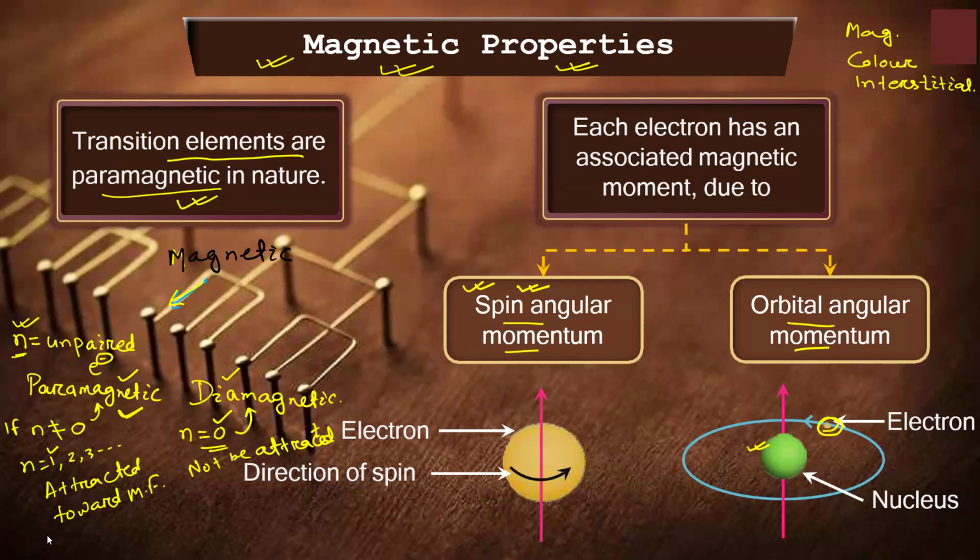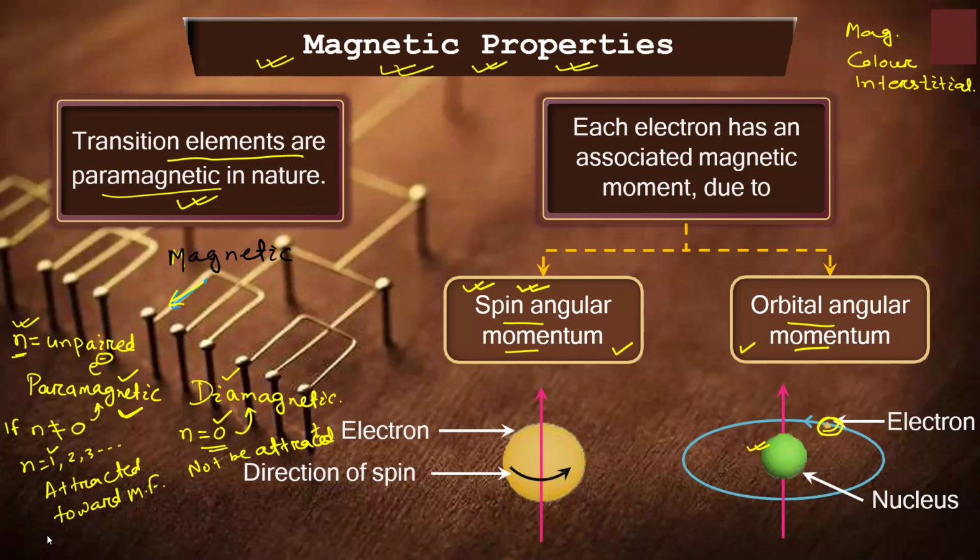Due to the orbital contribution, sometimes the magnetic moment is affected also. So magnetic moment is of two types: one is spin only, another is orbital angular momentum, due to which the magnetic property is affected.